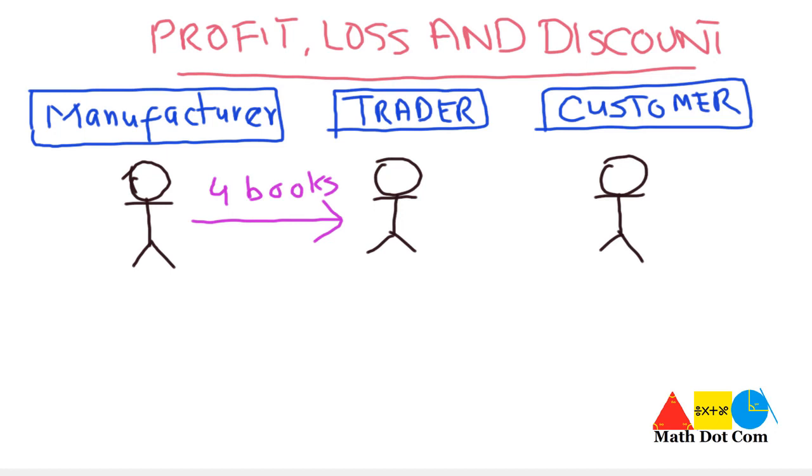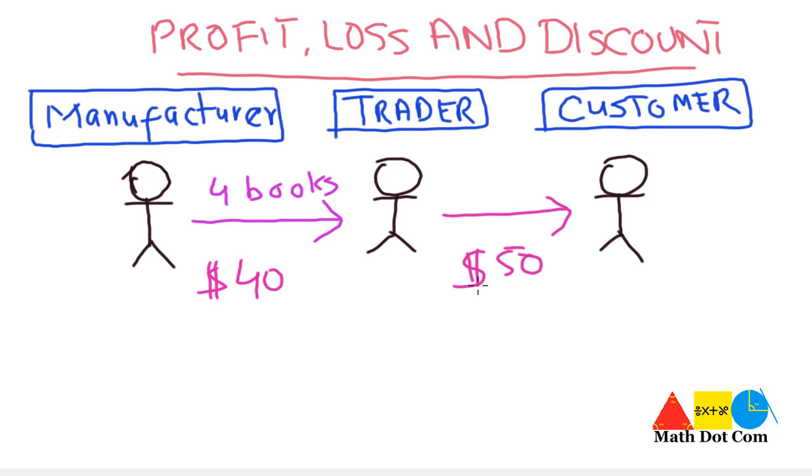The manufacturer is the owner of the books, and the trader has bought the four books at a total rate of $40. The trader has bought four books from the manufacturer at $40. Then he sold the four books to the customer at a rate of $50.